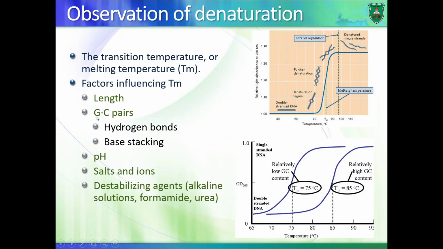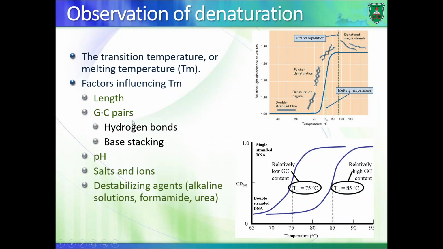Okay, so this is illustrated here in this plot. You have DNA fragments of the same length, one with lower GC content than the other. Notice that you need a higher temperature to reach the melting temperature, the 50% mark.